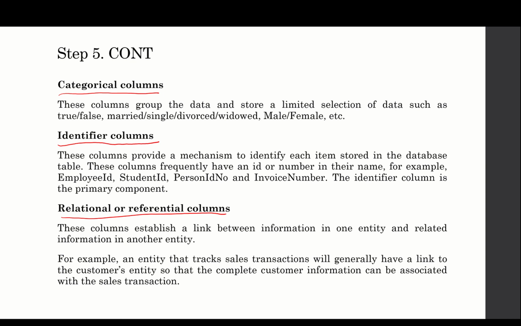After identifying the identifier column, then you will identify the differential column. For example, we have a student, then we have a combination. How will we know which student is registered in which combination? So we'll have to identify what we call the differential column, or we simply call this the foreign key.